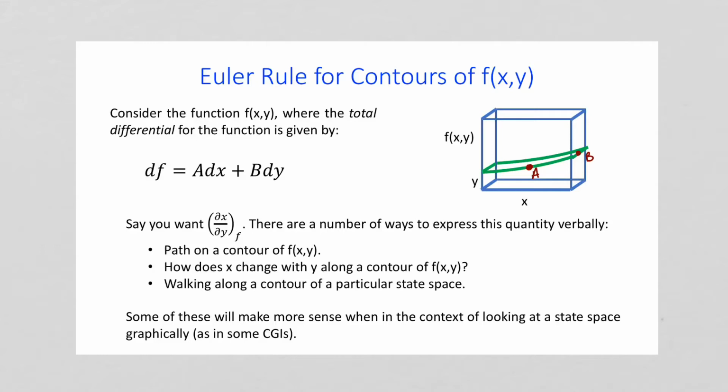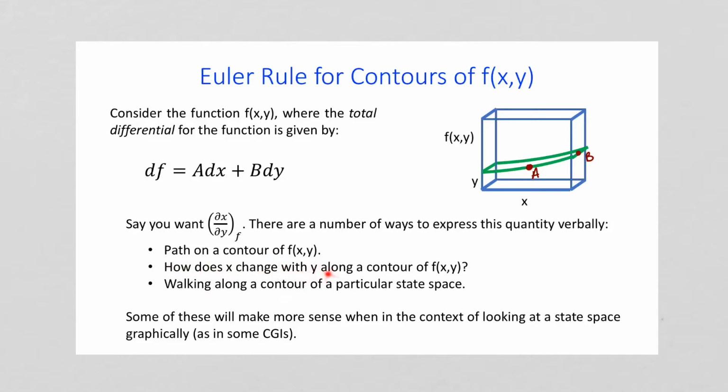Okay, so what we're going to do here is say we want to know something about how x changes with y at constant f. There's a number of ways that we can express this quantity verbally. One way to say that is we want to know something about the path on a contour of our function.